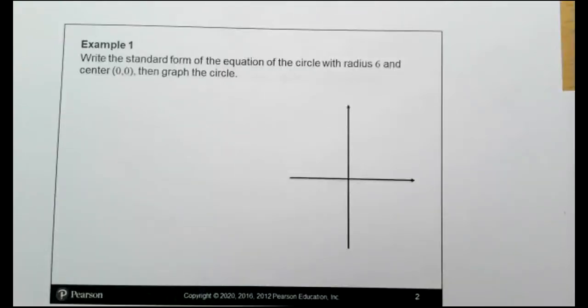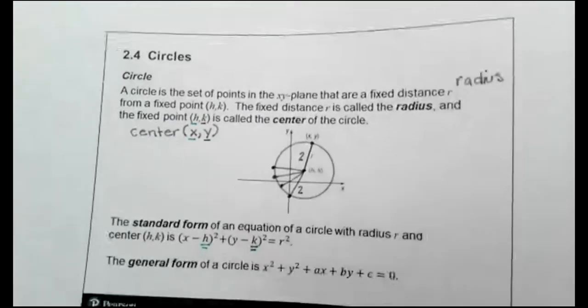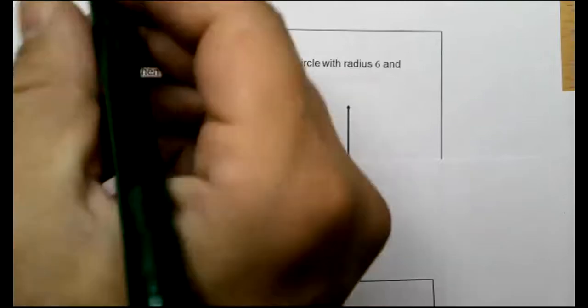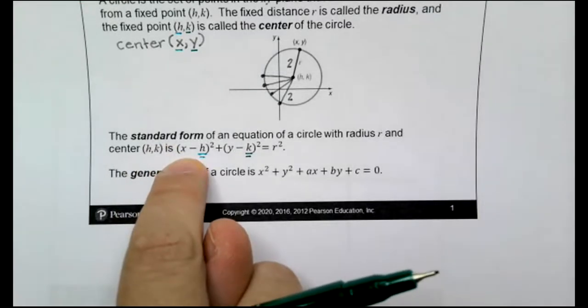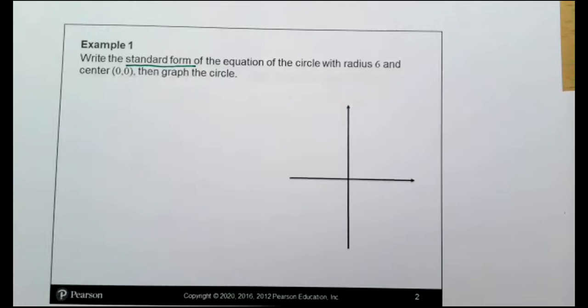So let's practice writing the standard form of the equation of the circle with a radius 6, center 0, 0, and then we're going to graph the circle. So let's immediately bring this back. The standard form, and it says write the standard form. The standard form is this one. So I'm just going to copy this onto the top of my slide 2.